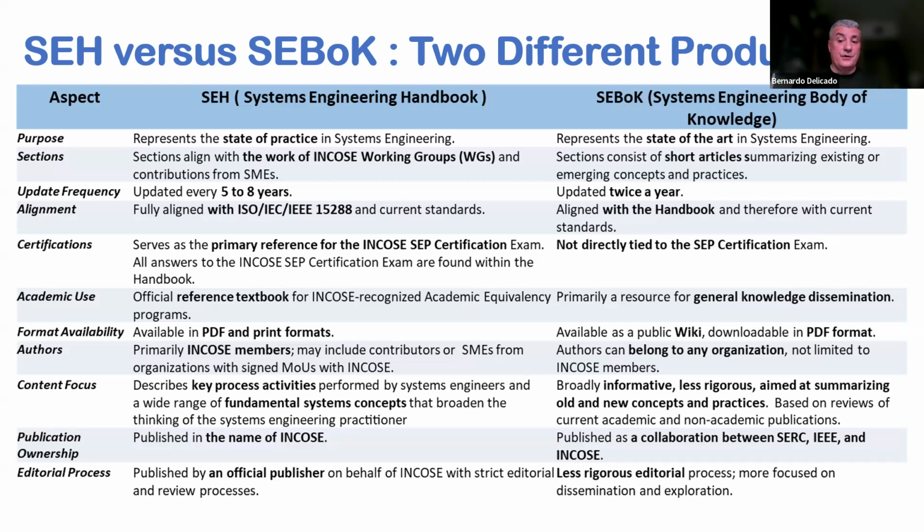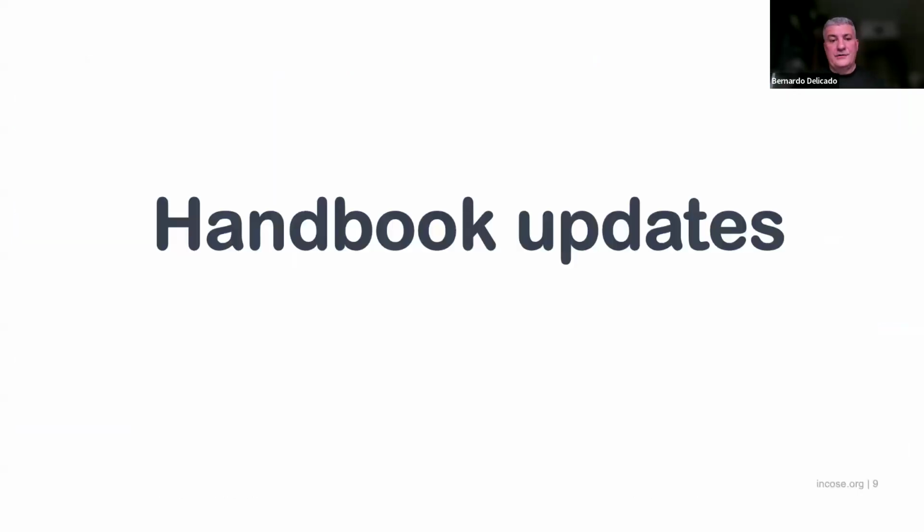In the case of the SEBoK, it's a less rigorous editorial process, although we have this process because we have an editorial team, but it's more focused on dissemination and exploration of new emerging topics. Okay, let's move to handbook updates.